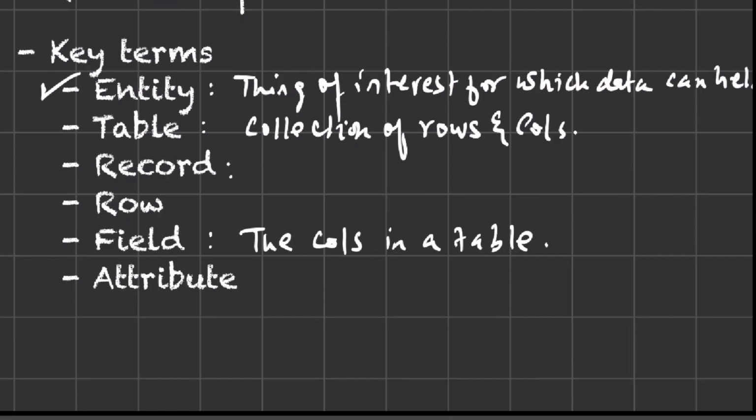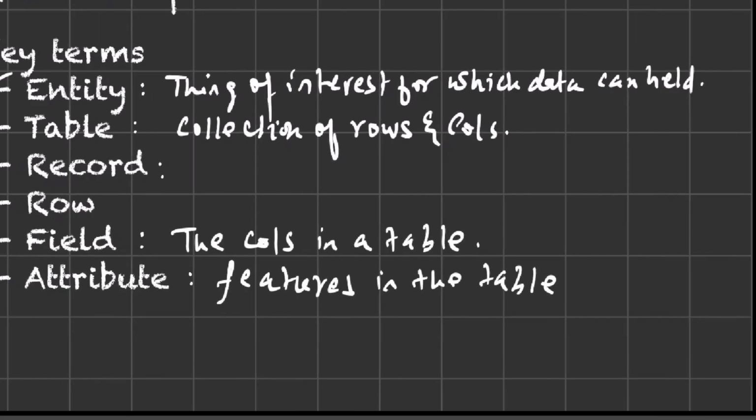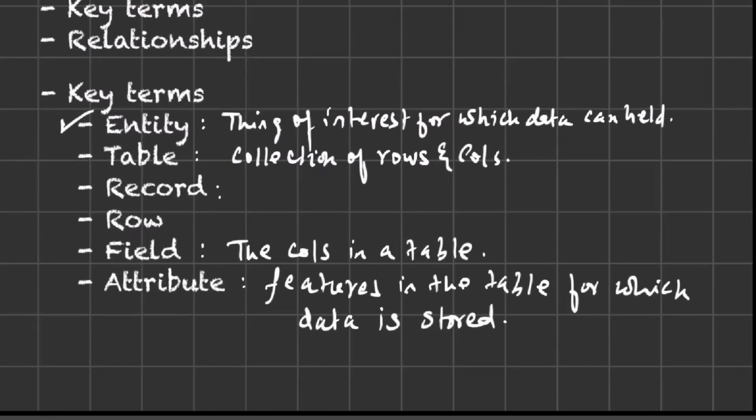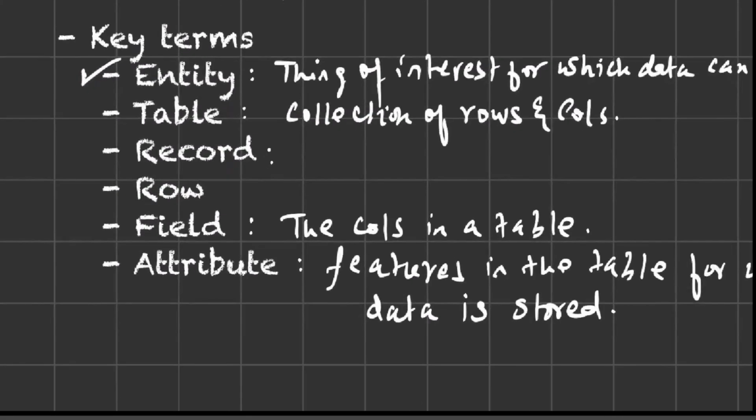And attributes are the features in the table for which the data is stored. So attribute is another name for the field. They both are the same. Field and attribute are the same. Field is the technical terminology, and attribute is the conceptual.